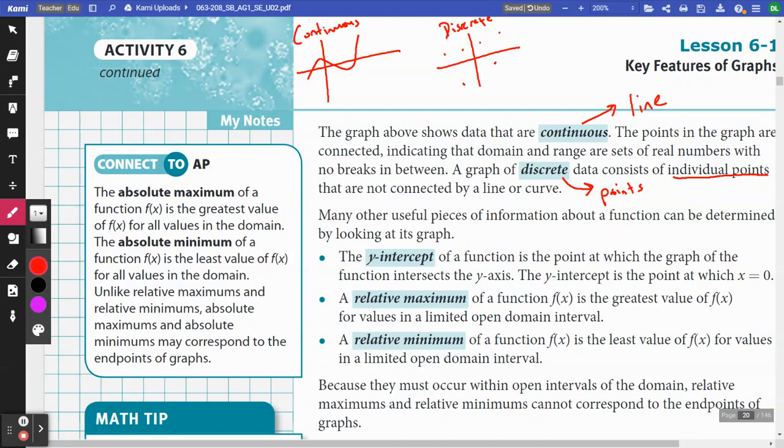All right. Y-intercept, where the graph crosses the y-axis.